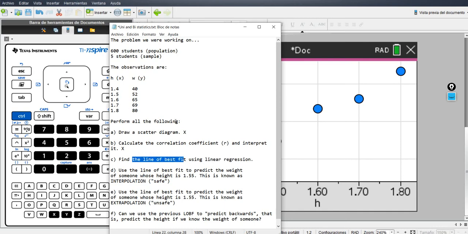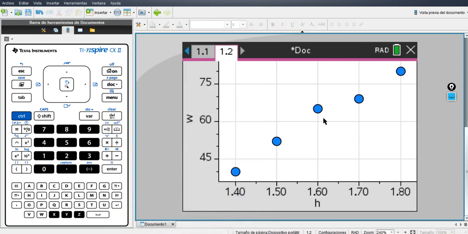Obviously, with the TI, you're not going to be doing any of this by hand. It's automatic, right? That's the point of software. So let's find the line of best fit for this particular scatter diagram. We have it in here, and what do we do?